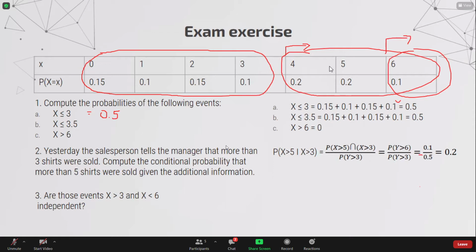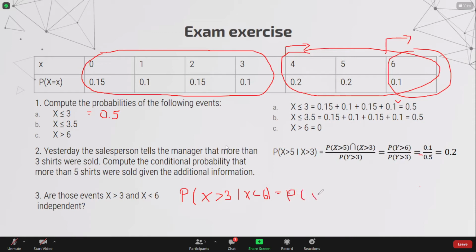Not sure if others need a second just to think about it. Okay, I will just write it. The probability of those events, X being more than 3, given X being less than 6, if it's equal to the probabilities of their separate parts, that means they're independent.